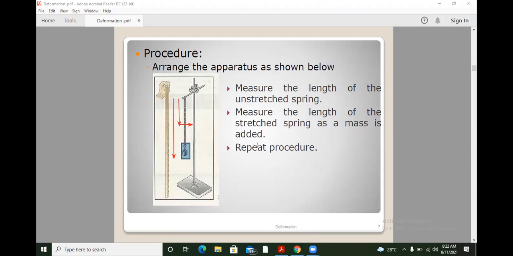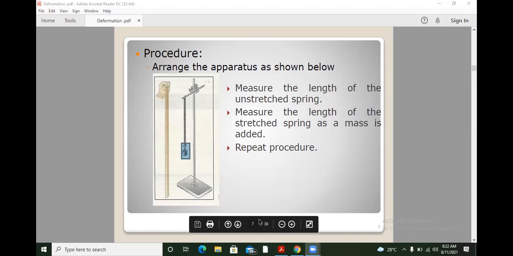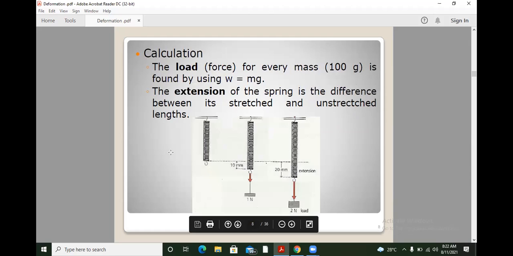Now we have to repeat this procedure again. First of all, we need to find out the length of the spring without mass. Suppose it is 10 millimeter. Then we will attach a 1 Newton mass and find out the length of the spring.